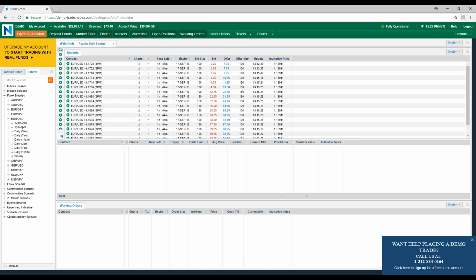1698 is this strike. If the strike is 1698 and the indicative gets to 1698, where would this binary approximately be priced? Right now it's at like 22 and 31. But yeah, around 50 bucks, right, Jonathan?